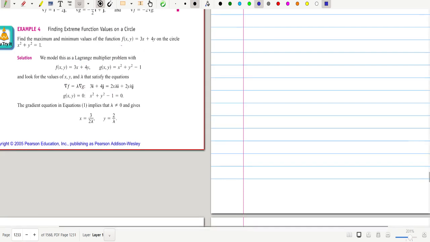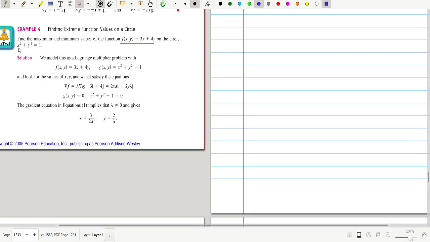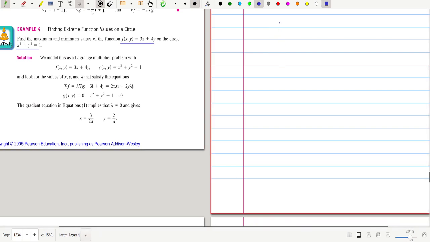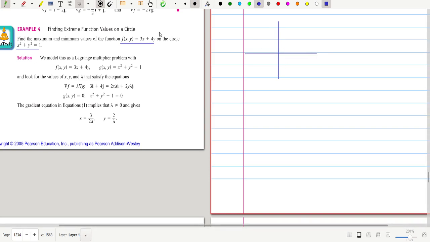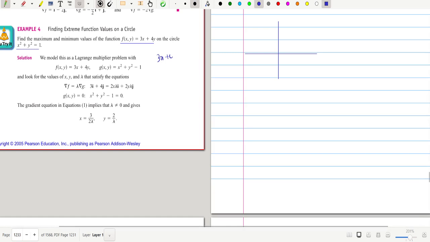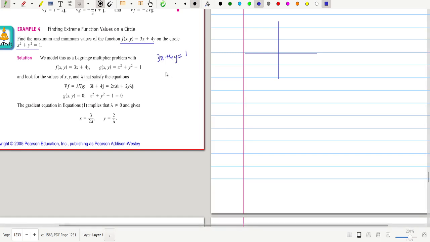This is another example. f of xy is equal to 3x plus 4y, and x square plus y square is equal to 1. So the geometric meaning is we consider the level sets of this. If we consider our xy plane, the level sets of this f of xy, that is 3x plus 4y equal to c.